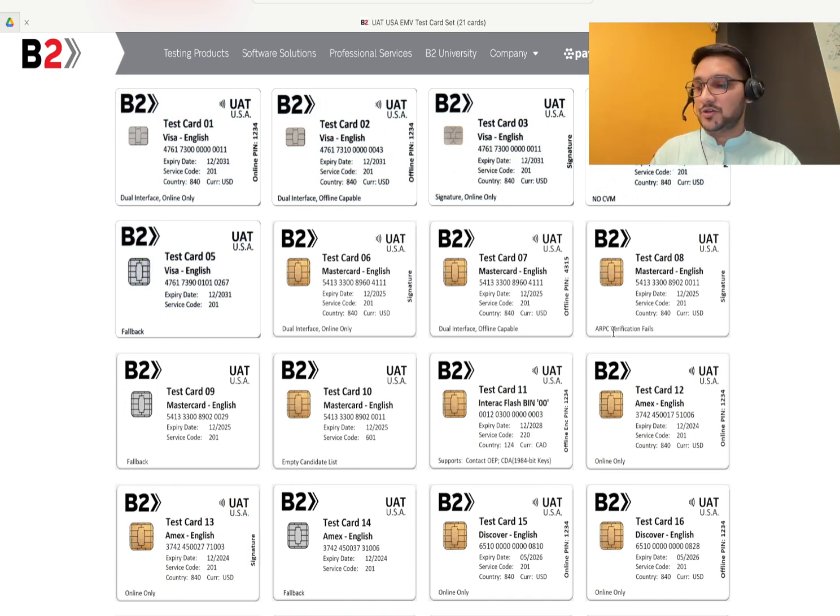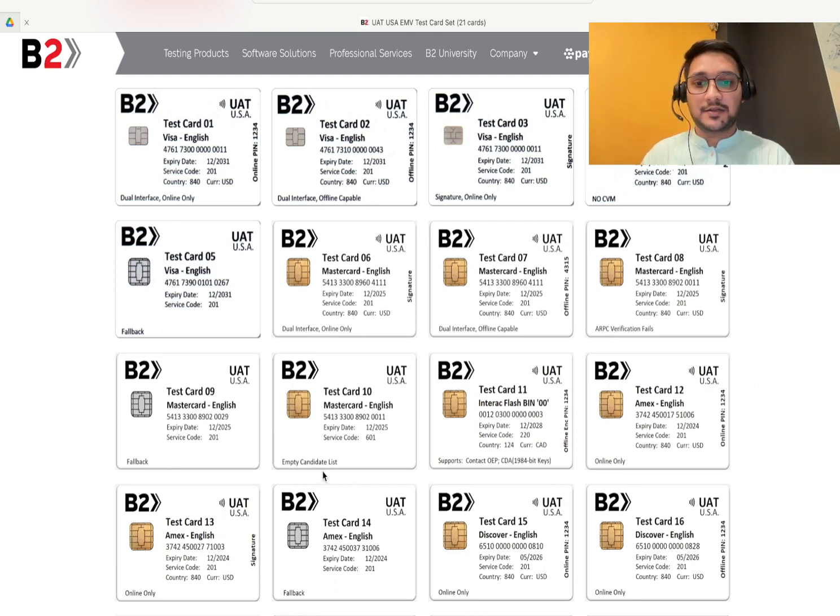Issuer is your bank which issues you this card. So the request will be sent to the issuer, and if the card information is correct, the expiry date, the card is not tampered, meaning that all information is correct, then in response to the ARQC, the issuer will generate an ARPC, the authorization response cryptogram, which will be sent to the device and the transaction will be processed.